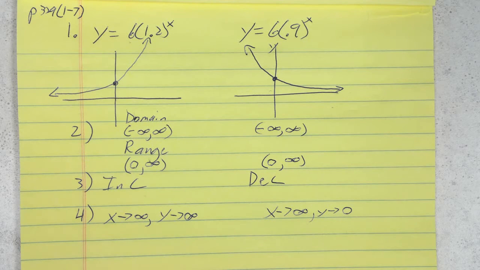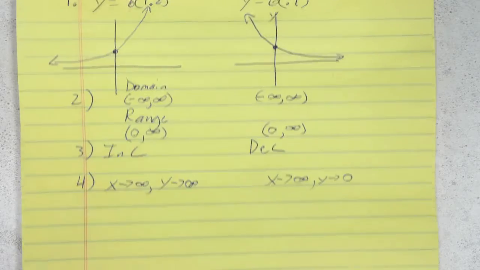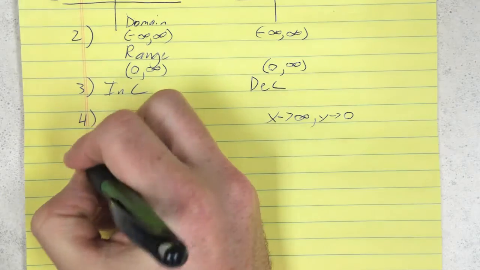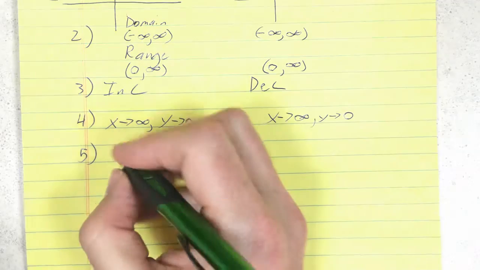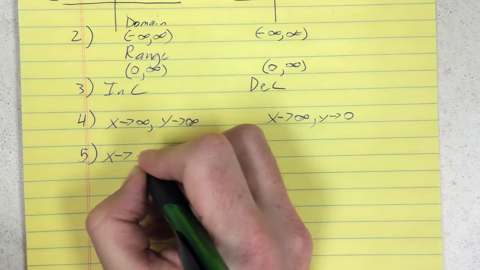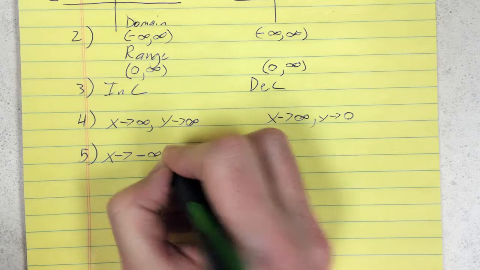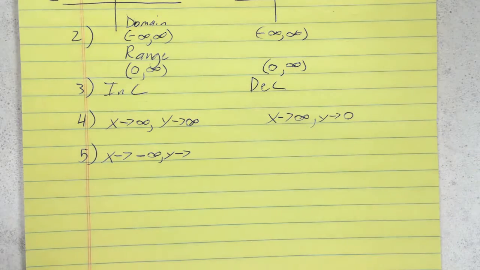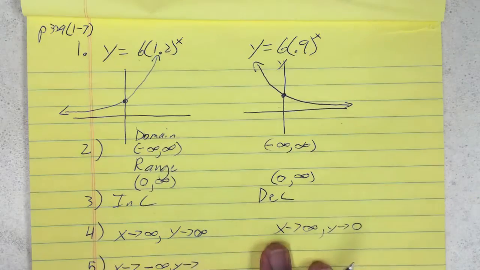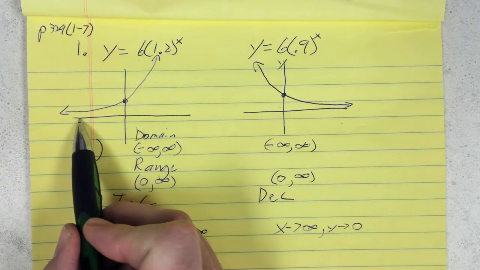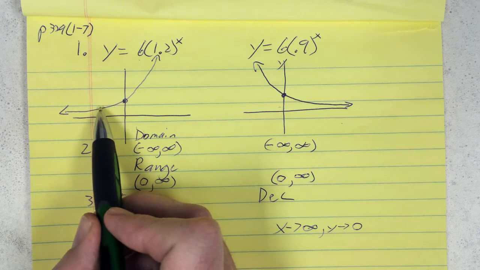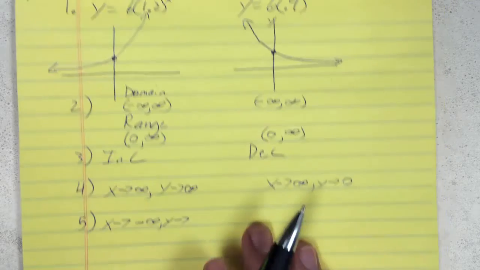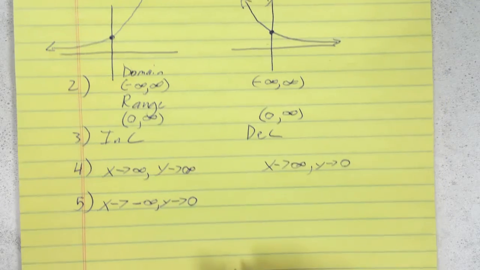All right, we flip the page. Number 5. It says, describe the end behavior of each function as x approaches negative infinity. So for this first one, as x goes to negative infinity, as we go left, y is getting closer and closer to 0.